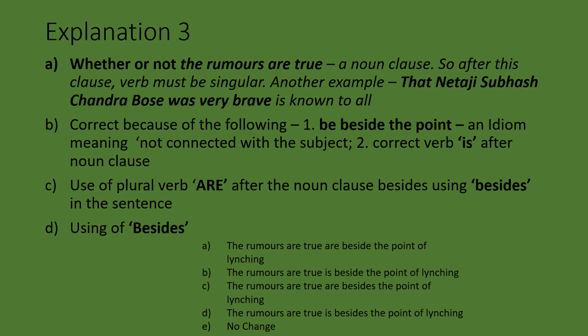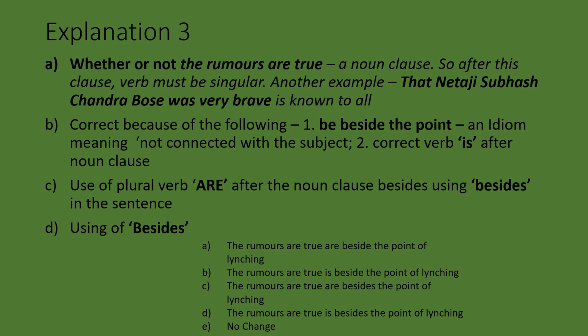After a noun clause, generally the verb will be singular. So this is rule number 1. "Whether or not the rumours are true" is a noun clause. After that, the verb will be used as singular.